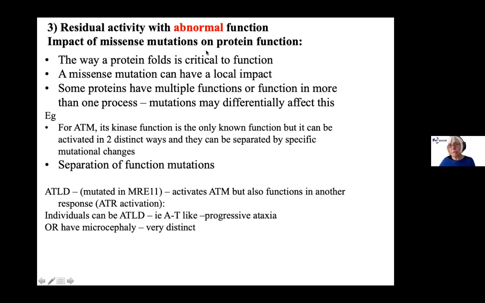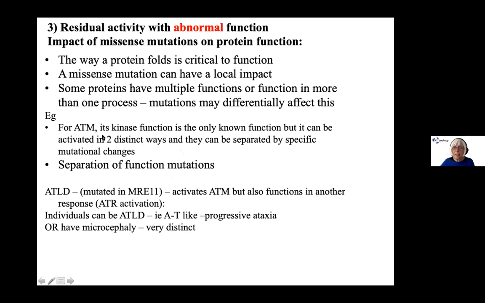The way a protein folds is critical to its function, and a missense mutation can have just a very local impact, or it may have a much broader impact. Some proteins can have multiple functions, and you can get what we call separation of function mutations, which means you may affect one part of the protein, but not the other part.